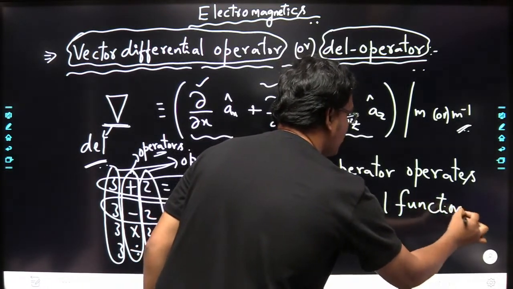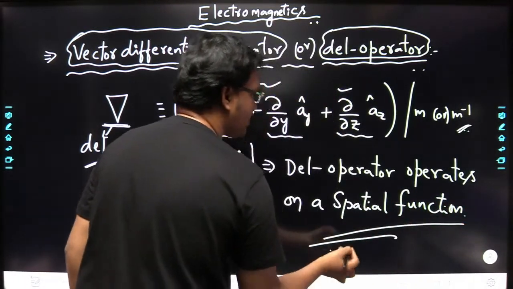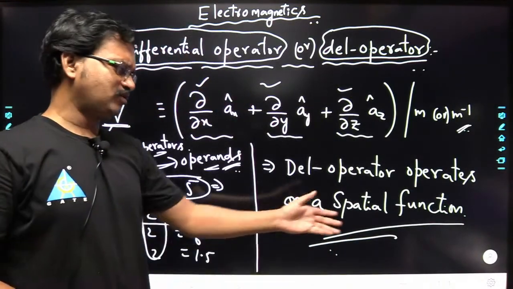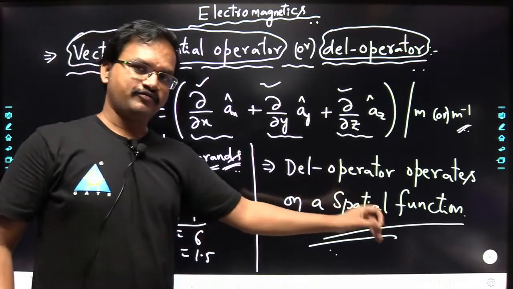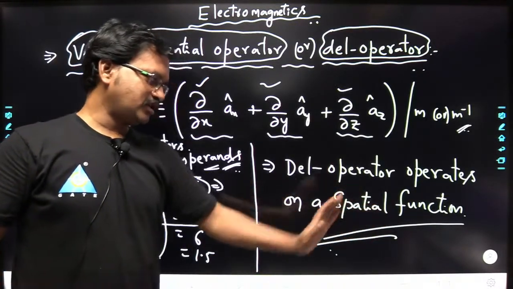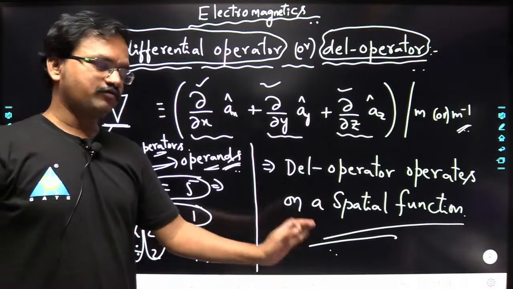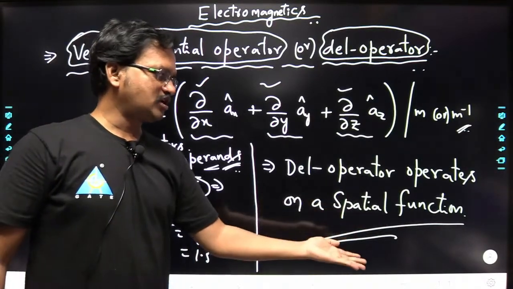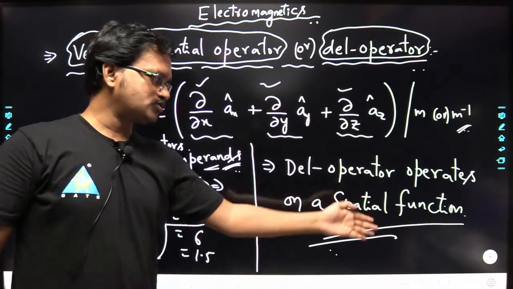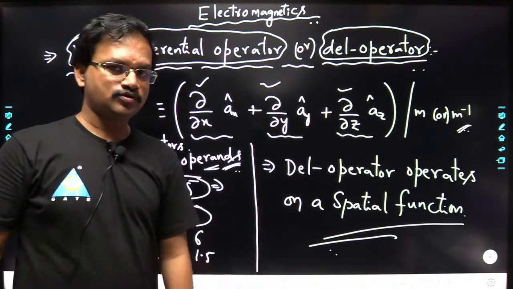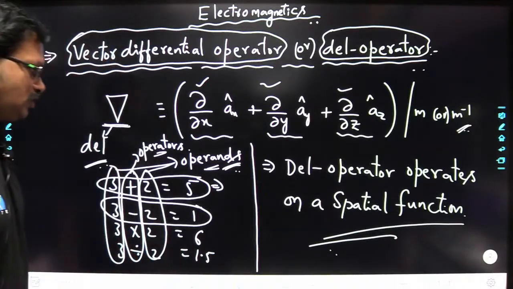It is going to operate on a spatial function, or you can simply say a function. So a del operator is going to operate on a function, and in general that function is nothing but a spatial function. So what do you mean by this spatial function? What is the meaning of this spatial function? How is it going to operate? All these things we are going to see here. Okay.